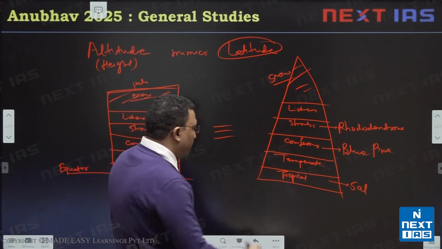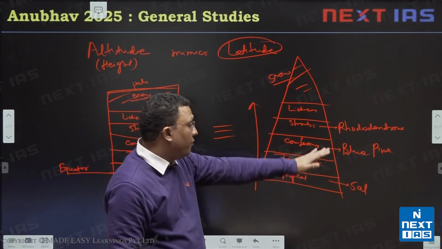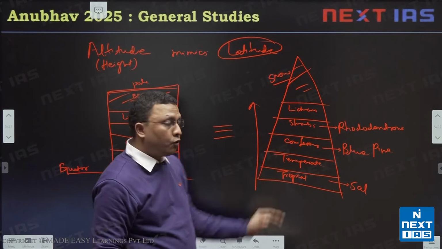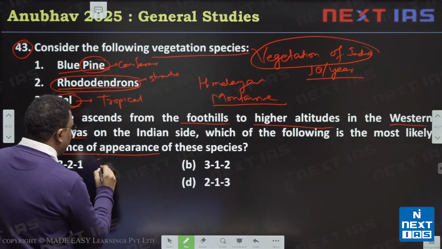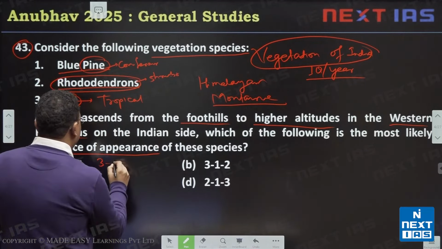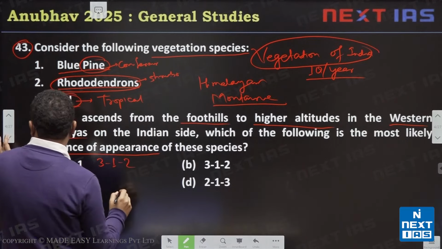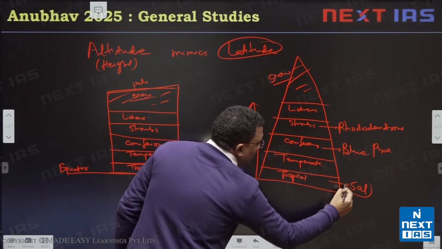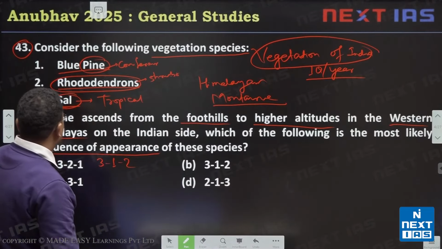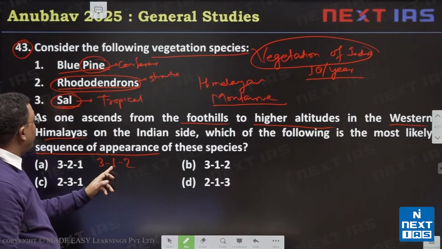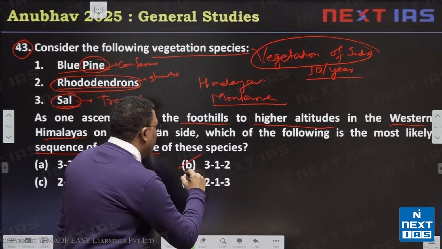So the correct order of appearance as we move from foothills to higher altitude is sal, followed by blue pine, followed by rhododendron. So let's see our question. Sal is third, then blue pine first, rhododendron second. So the correct answer here will be 312, B.